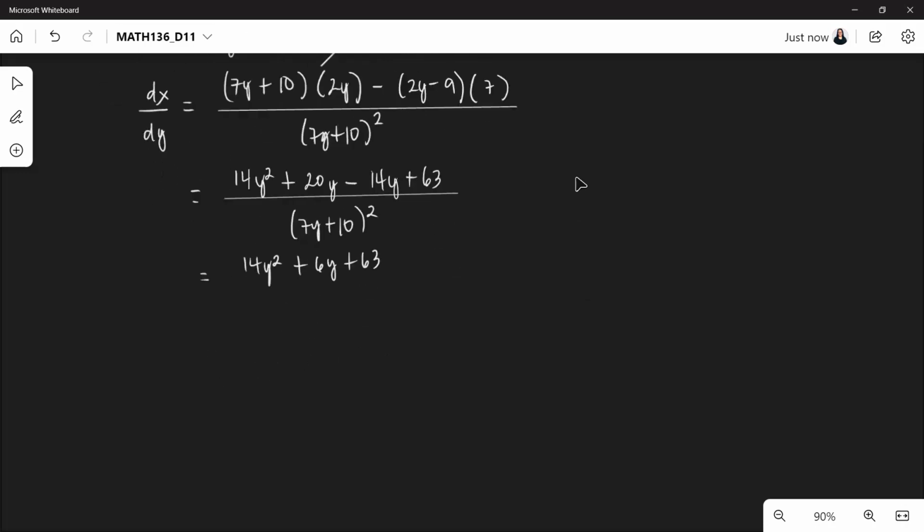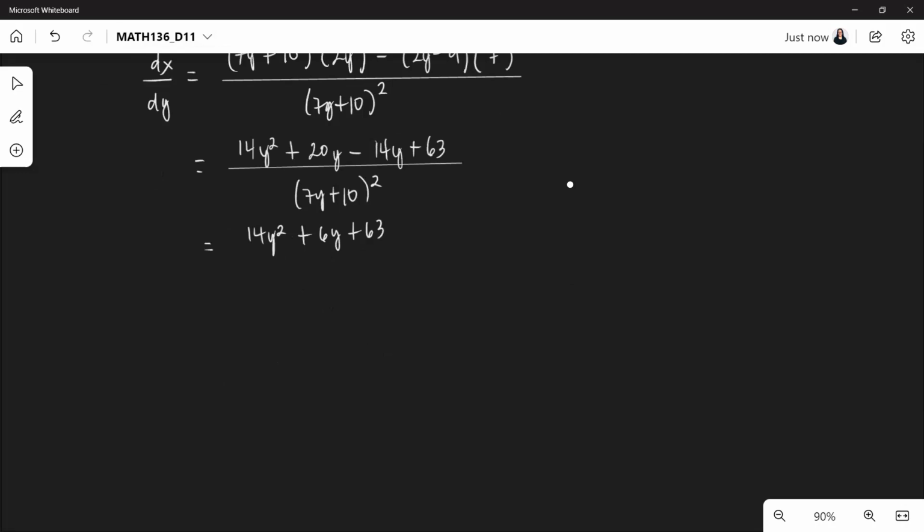And then all over the square of 7y plus 10. Take note, this is still dx over dy, so you need to get the reciprocal.